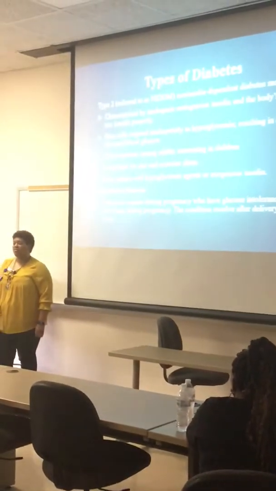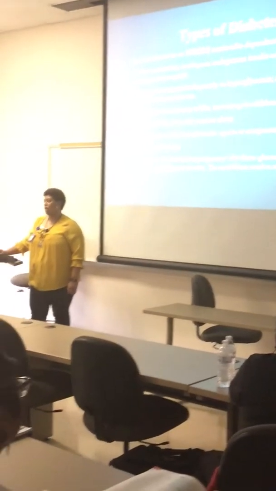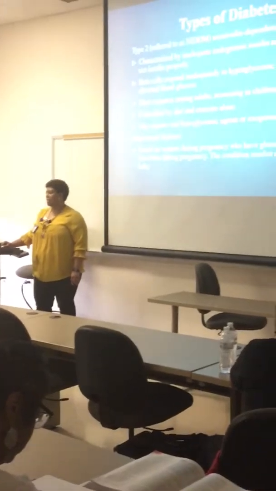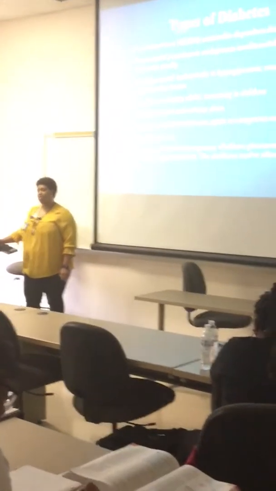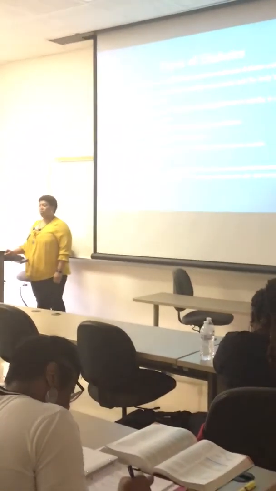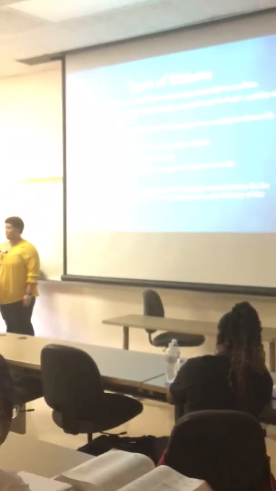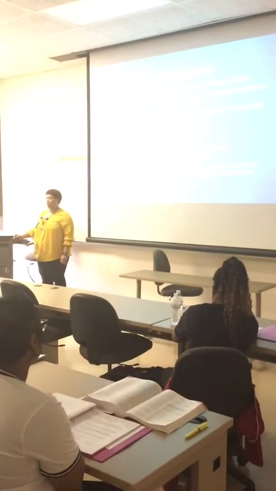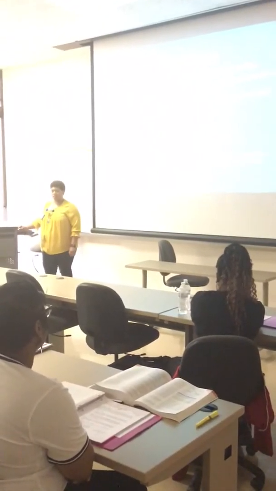It's most commonly found in adults, but it's increasingly found in children. It's controlled by diet and exercise, and it also requires oral hypoglycemic agents or exogenous insulin. For gestational diabetes, which is found in women who have a glucose intolerance for the first time during pregnancy, after the baby is delivered, it soon resolves.